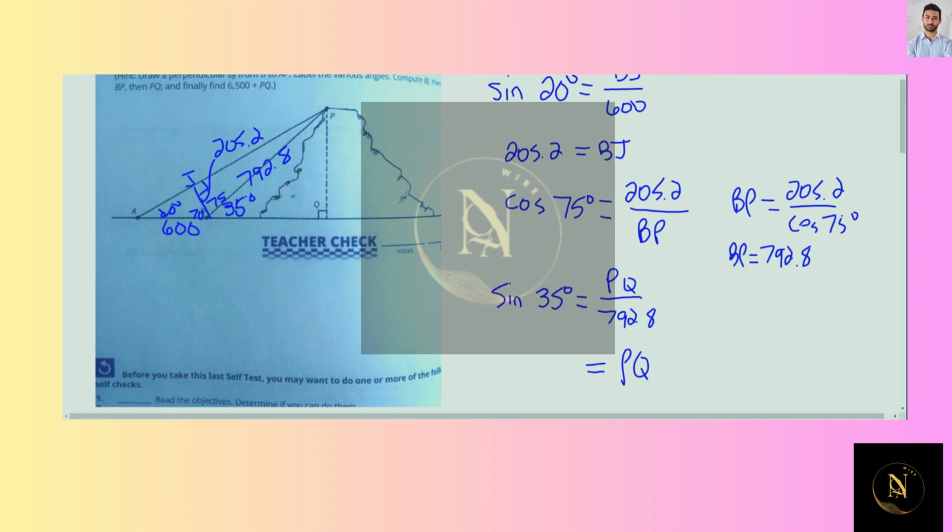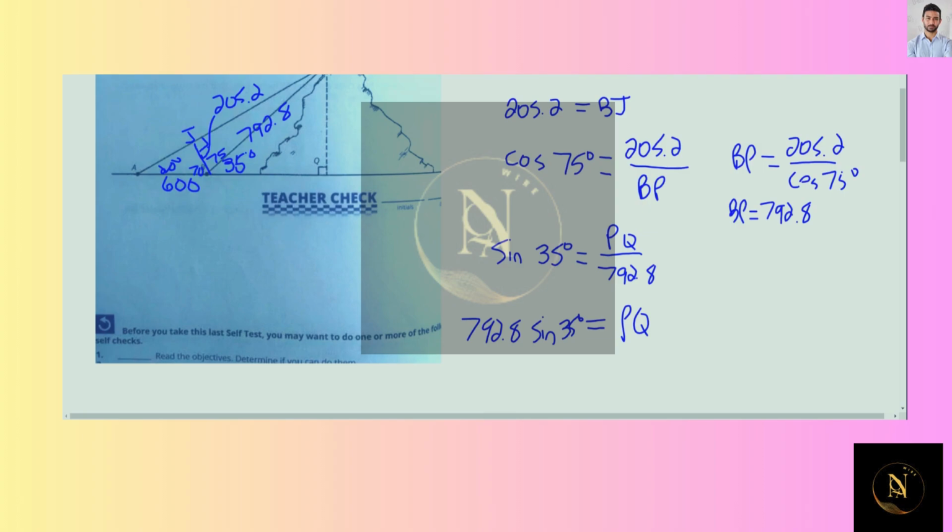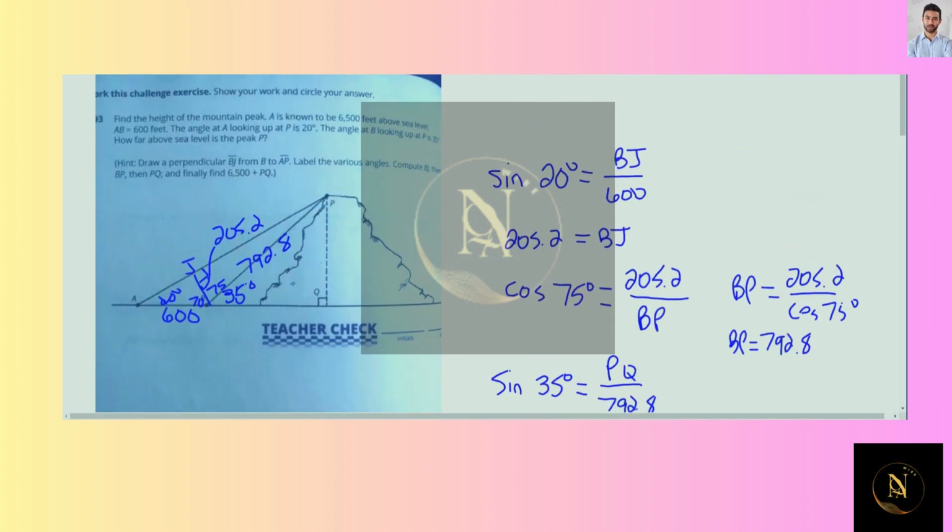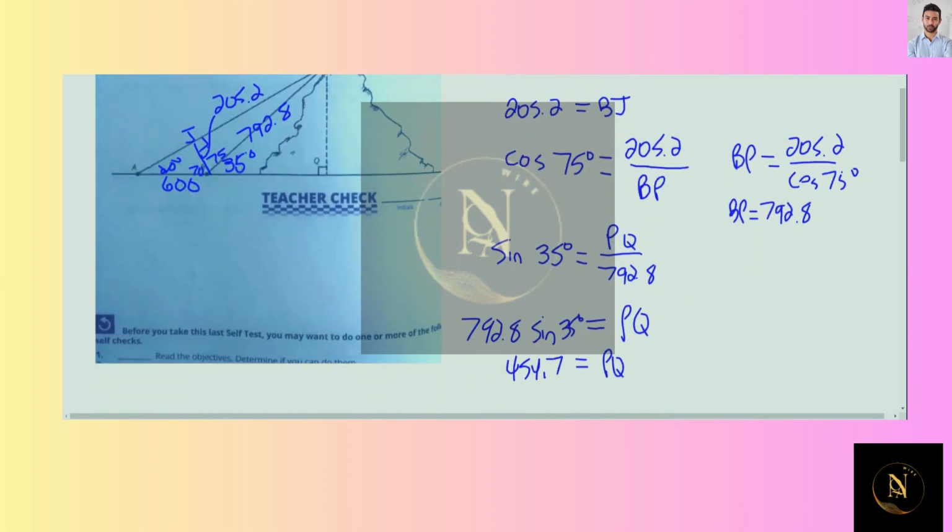So cross multiply, the 792.8 times the sine of 35 is equal to about 454.7. So if this is 454.7 and it's already 6,500 up from this original line, then we just add that. So the elevation of the peak would be 6,954.7 feet high.